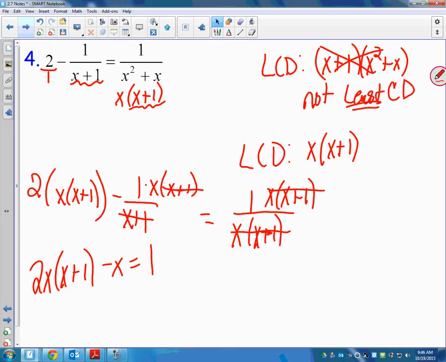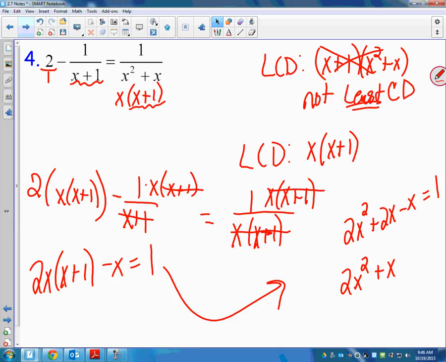Questions about that? Same idea every time, no matter the problem, when you do that common denominator. So I'm going to come over here, and I'm going to say that's 2x squared plus 2x minus x equals 1, or that's 2x squared plus x minus 1, right? So I'm just combining those like terms and subtracting my 1 over.